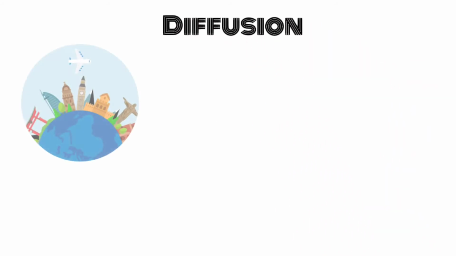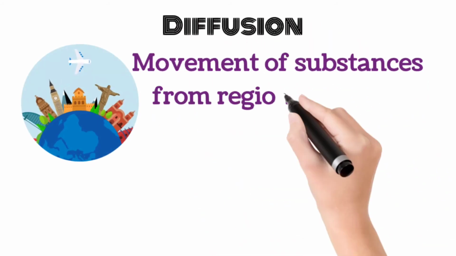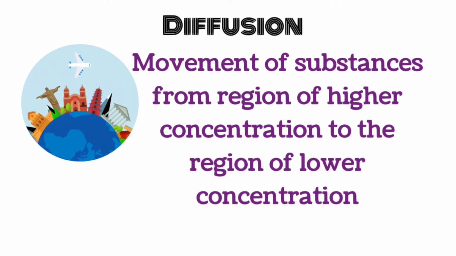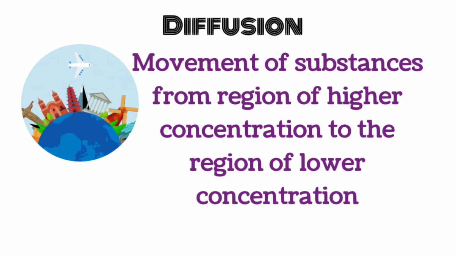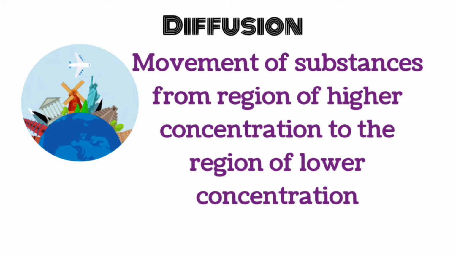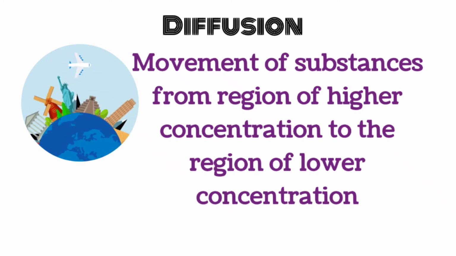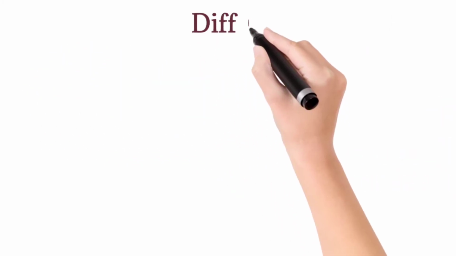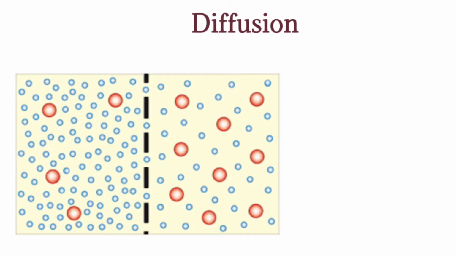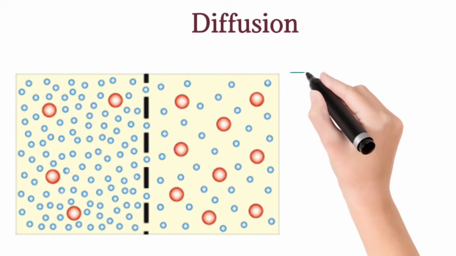What is diffusion? Diffusion is the movement of substance from the region of higher concentration to the region of lower concentration. It is known as diffusion. Now we will look at the diffusion. The left side is the higher concentration, while the right side is the lower concentration.